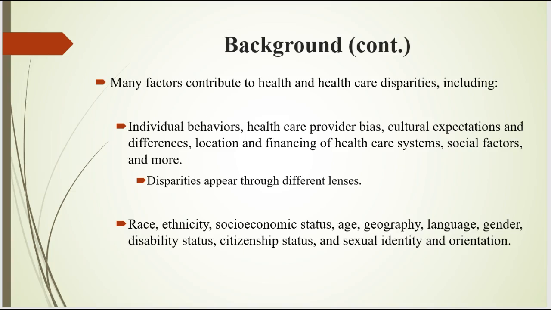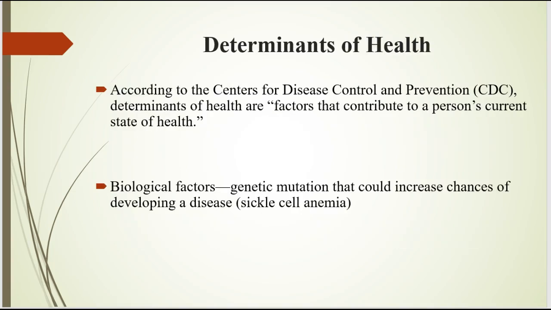Next, I want to go into what the social determinants of health are. All right, so let's go to the next slide here. When we're talking about social determinants of health, they're really the structural determinants and conditions in which people are born, grow, live, work, and age.